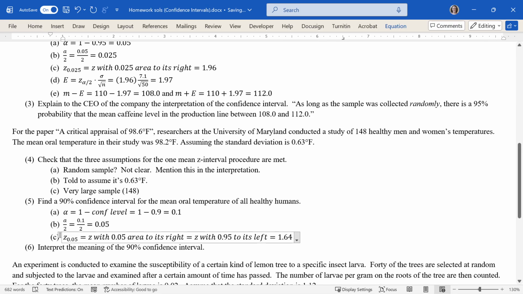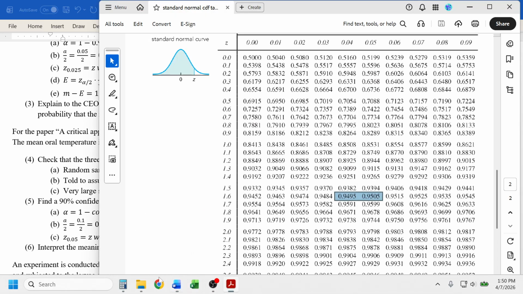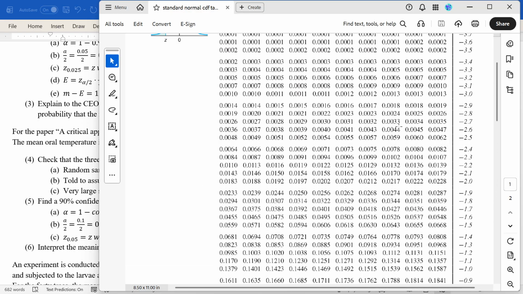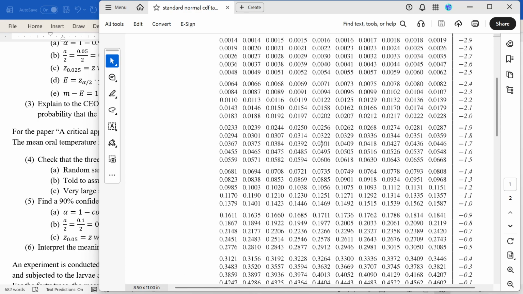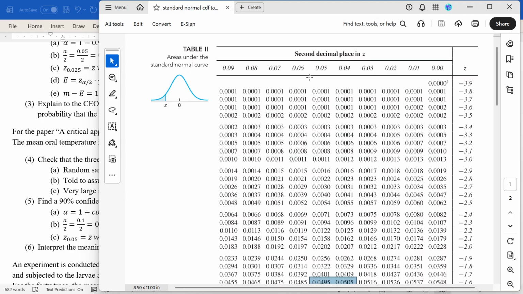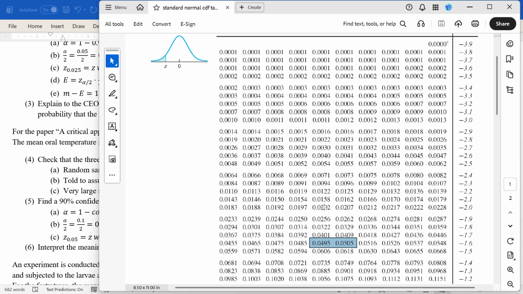Right, and I did get the positive version of the z-score by taking the opposite area and then looking for the z with that on its left. The other way you could have done this is if you just looked up 0.05 in this table. Yeah, it's between these two. So this would be negative 1.6, either 4 or 5 again, and then you would just take the positive version of that z-score.